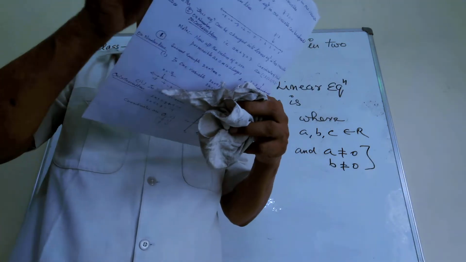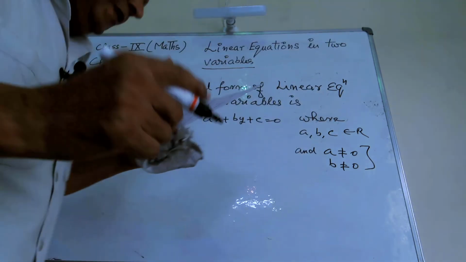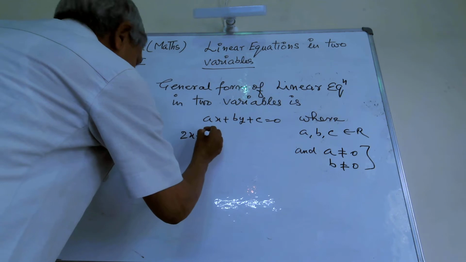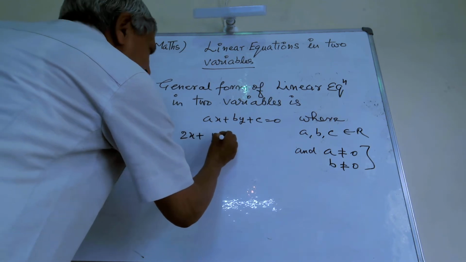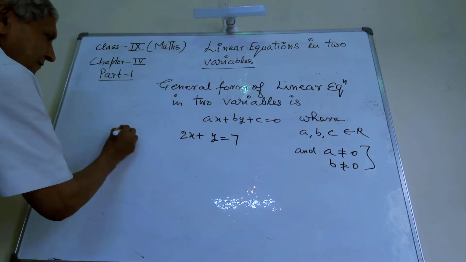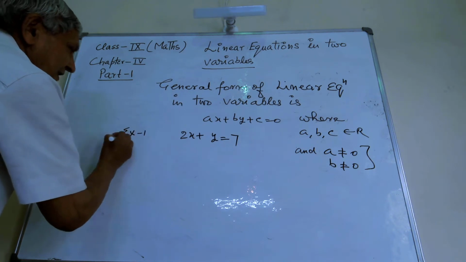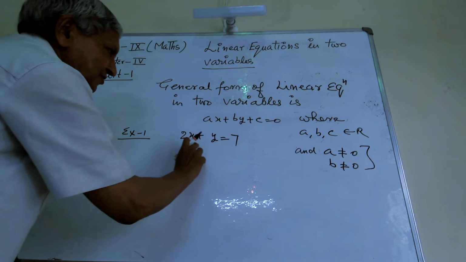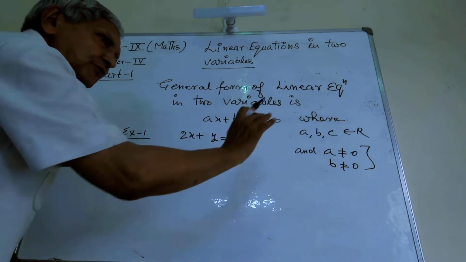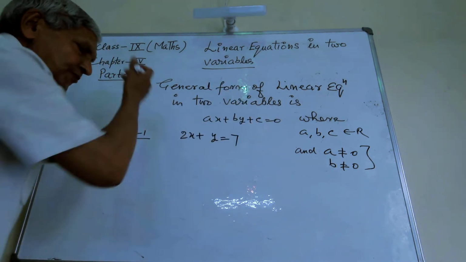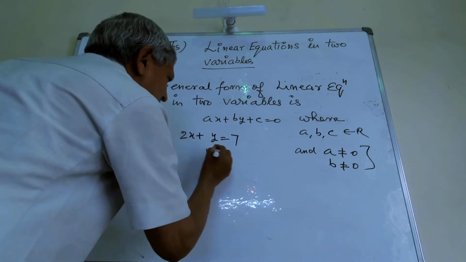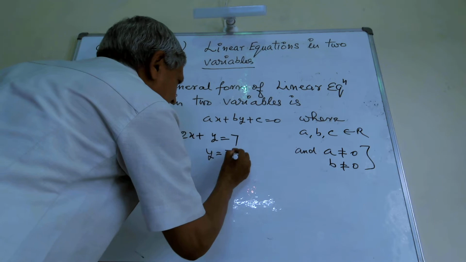With the help of an example, I am writing the equation 2x plus y is equal to 7. With this example, I will try to explain that this equation has infinite solutions. So arrange this equation as y is equal to 7 minus 2x.